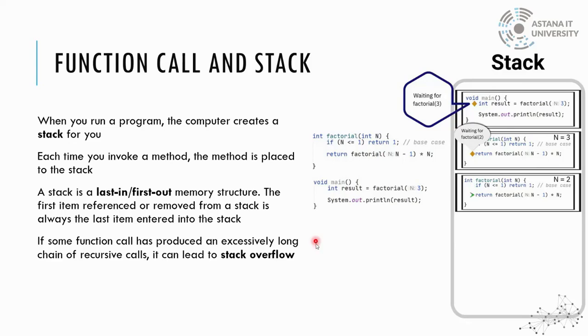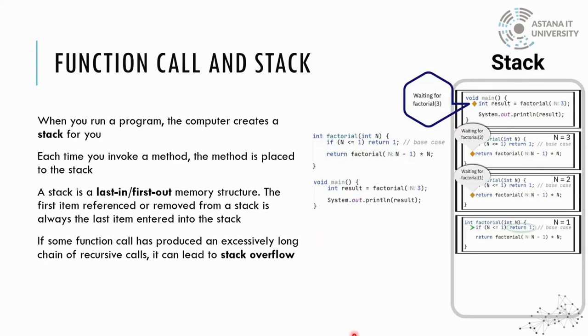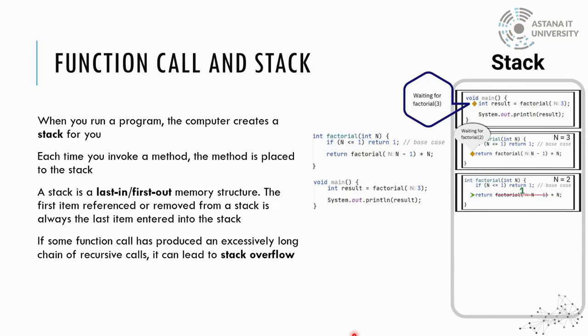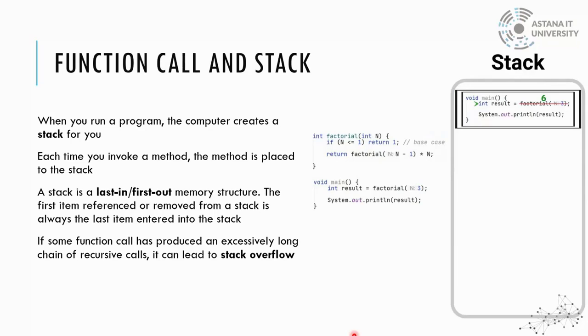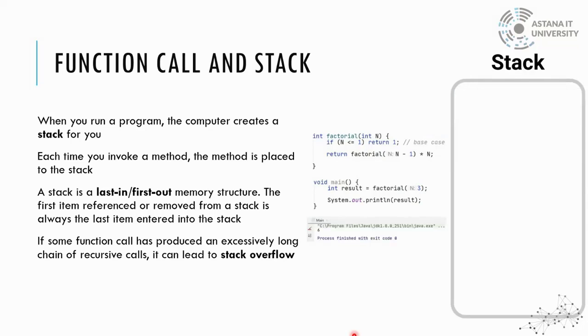If some function call has produced an excessively long chain of recursive calls, it can lead to stack overflow. This usually happens when we accidentally run an infinite recursion. I hope you remember that it could happen when you miss one of the base cases.